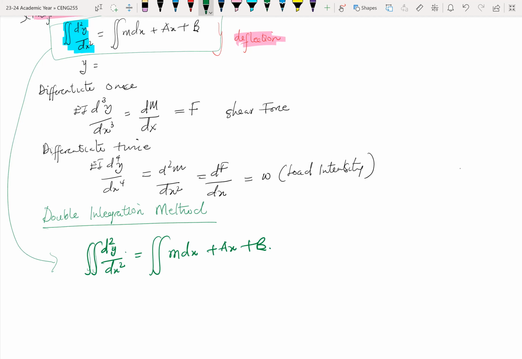These are constants that we need to find, the A and B. To find these constants, we apply what are called boundary conditions, to find the unknown constants, or unknown variables in this case.